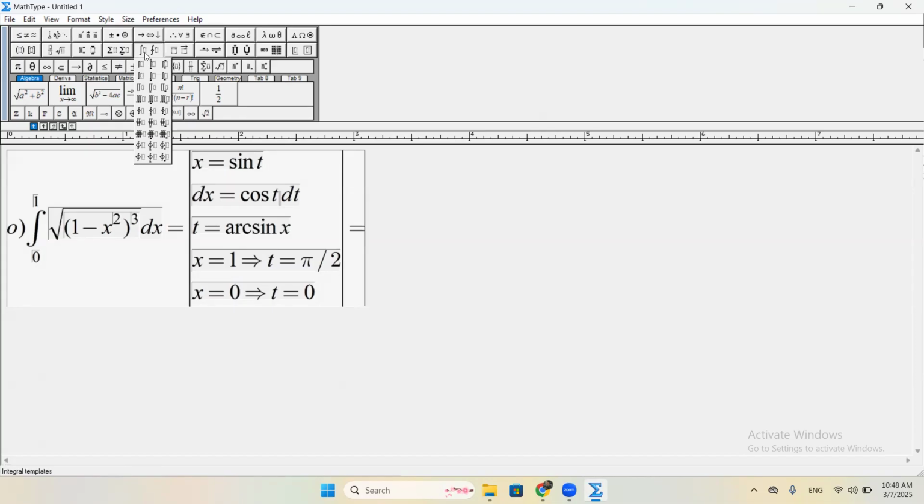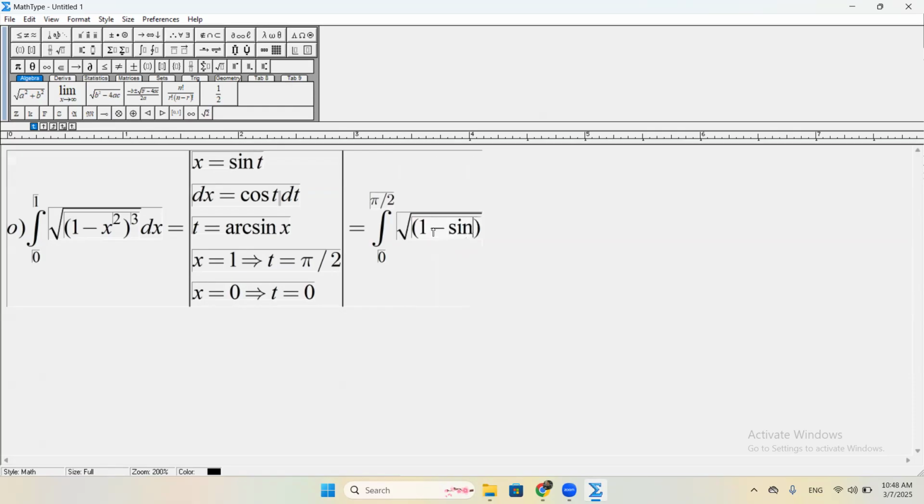So now let's calculate. So let's transform this integral. So from 0 to p/2. So what under the square root? Let's write in details. So 1 minus sine square of t, and this is in power of 3, and multiplied by cosine of t dt.